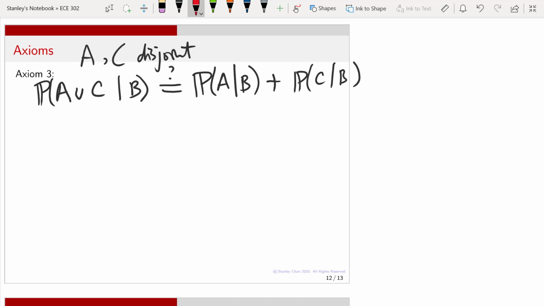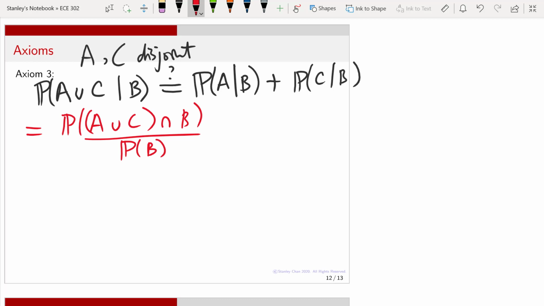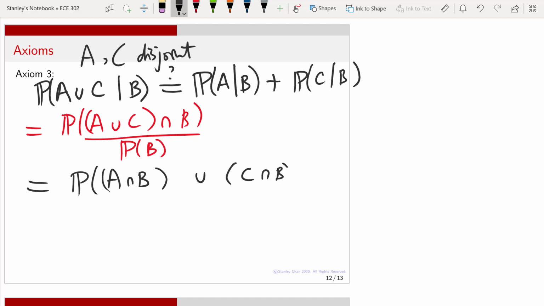This is also not hard to show because this is just the probability of A union C intersect with B divided by the probability of B. We can do some set operations in the numerator, which gives you A intersect B union C intersect B, with the denominator still the probability of B.